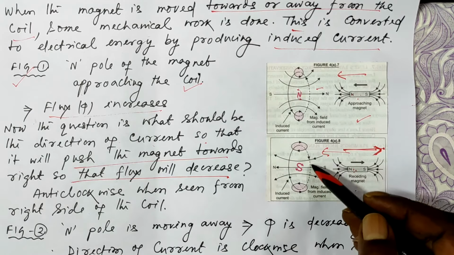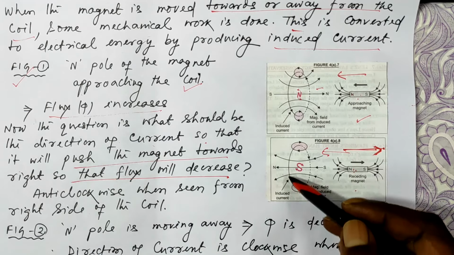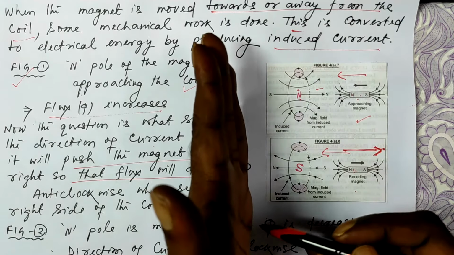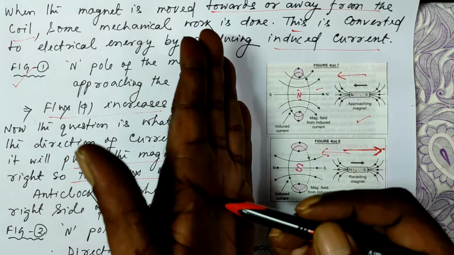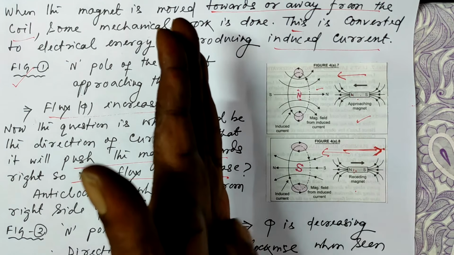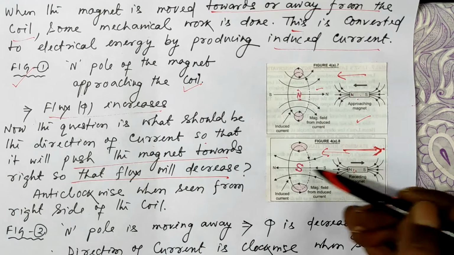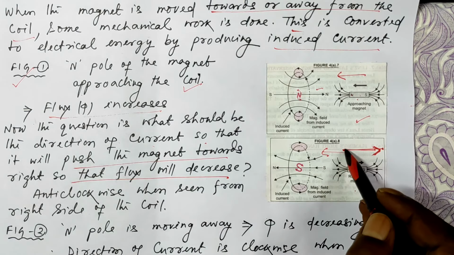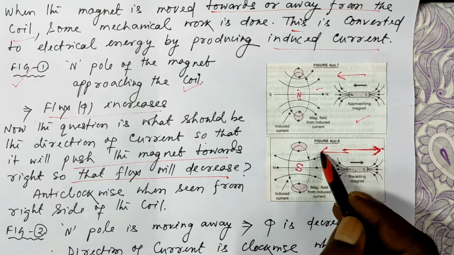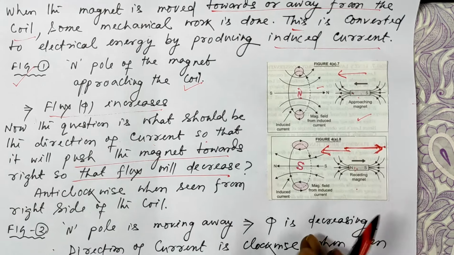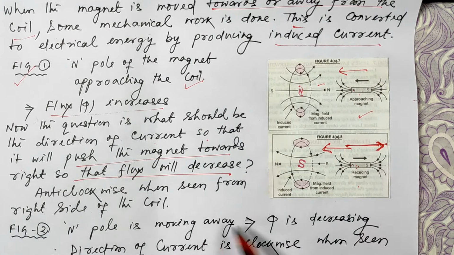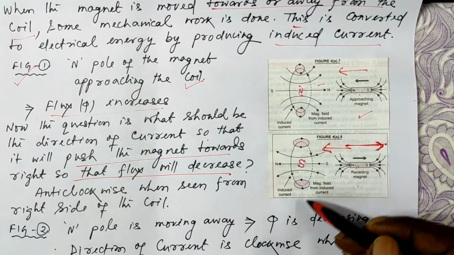So if the direction of the current in this coil is clockwise like this, then when seen from this side, this will behave as the south pole of a magnet. So this will pull this north pole towards this side. That is, it will oppose this motion by applying a force to this side, because south and north will attract. So the direction of current is clockwise.